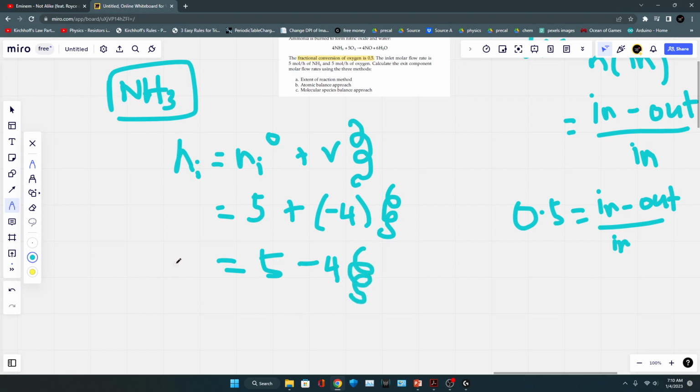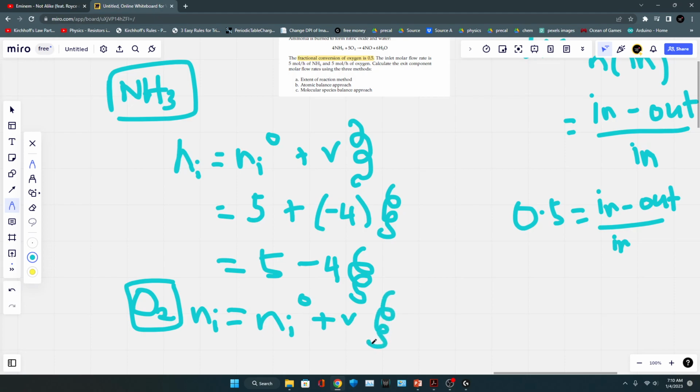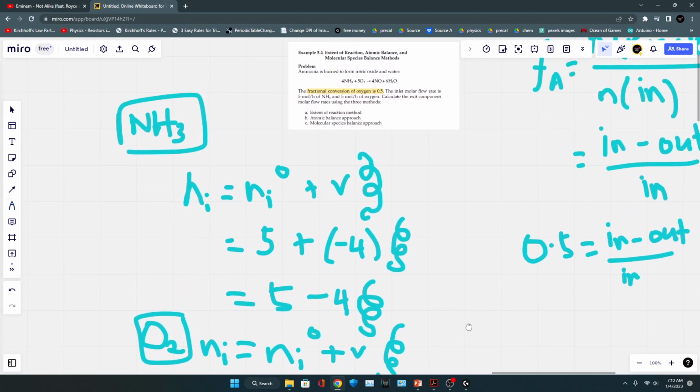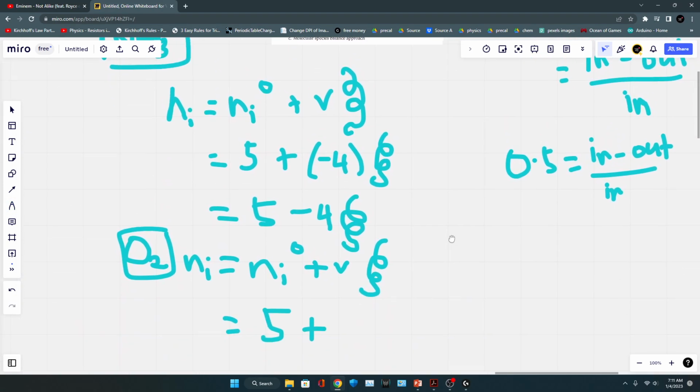Then let's calculate with respect to oxygen by using the same formula above. This one is also 5, it has been stated in the question, plus nu, the stoichiometric coefficient for oxygen, which is 5.